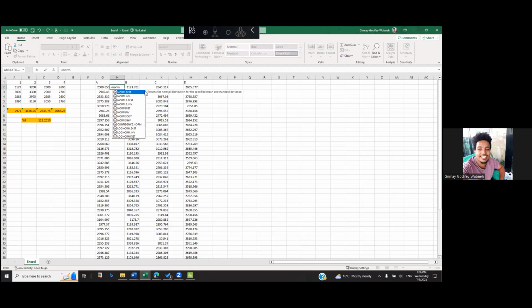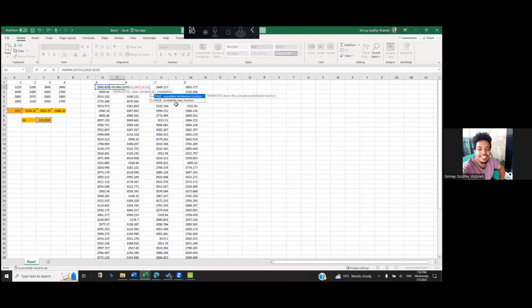So it returns the normal distribution for the specified mean and standard deviation. So x value is this one, comma, mean, and the standard deviation, then the cumulative argument.